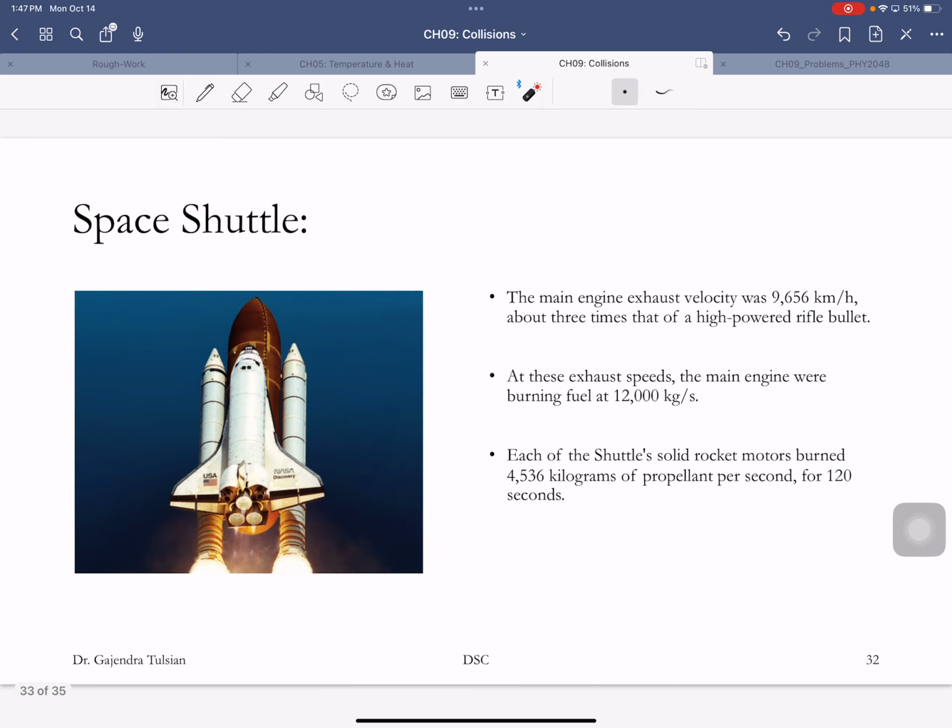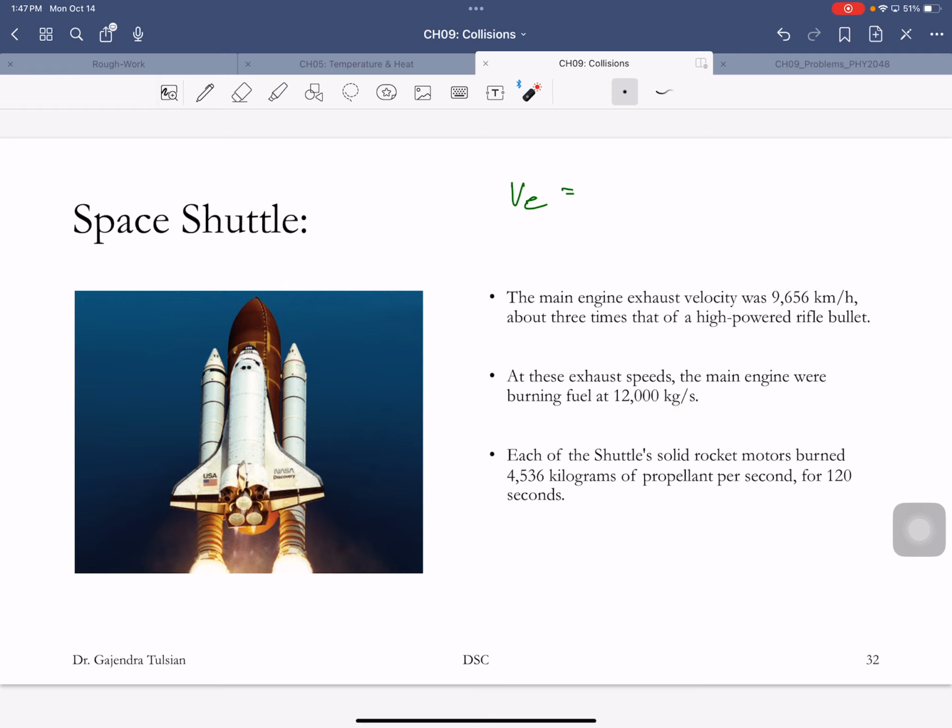The main exhaust was at 10 kilometers a second. So the hot gases coming out of the main exhaust were 10 kilometers per second. That's the exhaust velocity. And at these exhausts, you're burning 12,000 kgs of fuel per second.